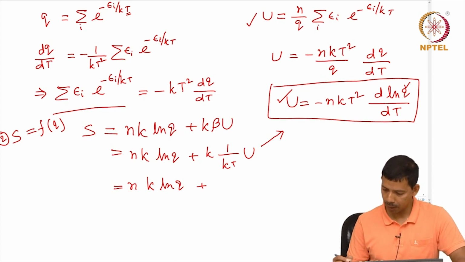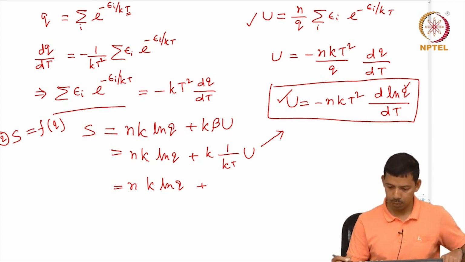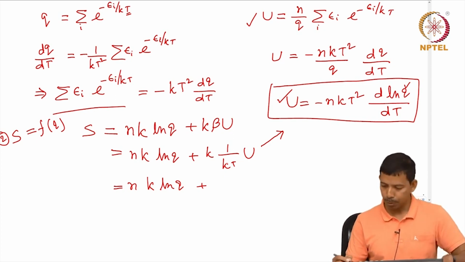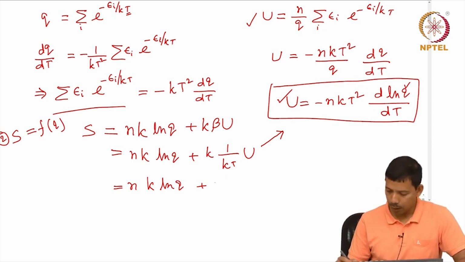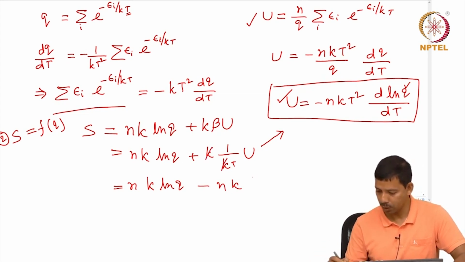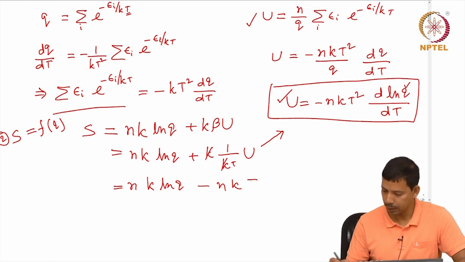If we put it back, we get nkT, minus nkT because this k goes, and one of the T's goes, so we have nkT d ln q by dT.